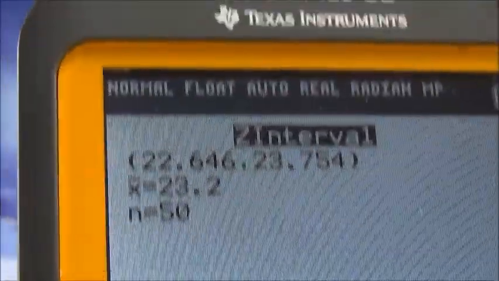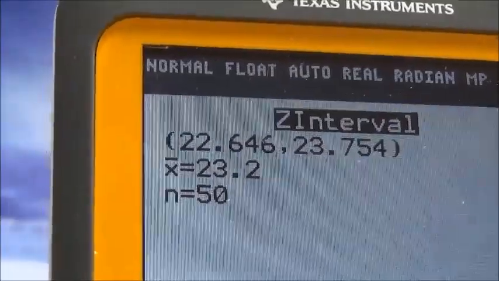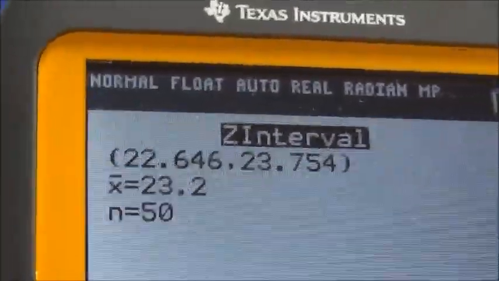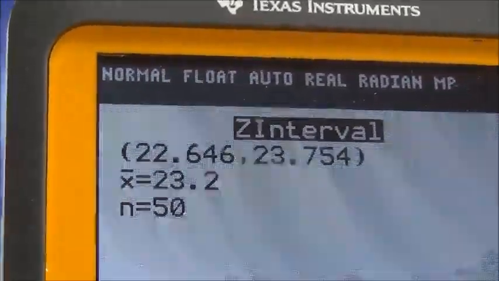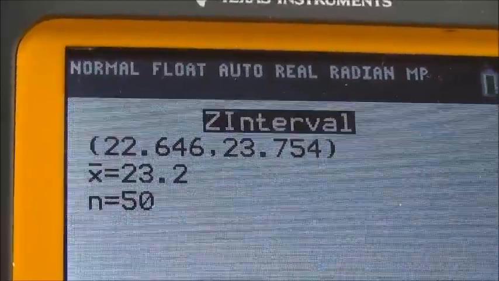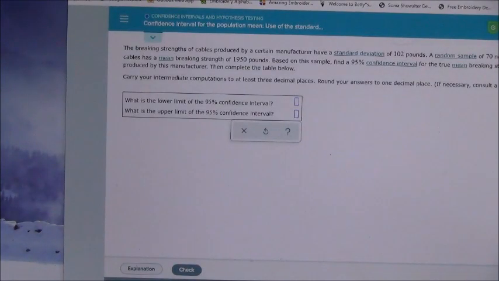And when I calculate that, you can see that my interval to the nearest tenth is 22.6 to 23.8.